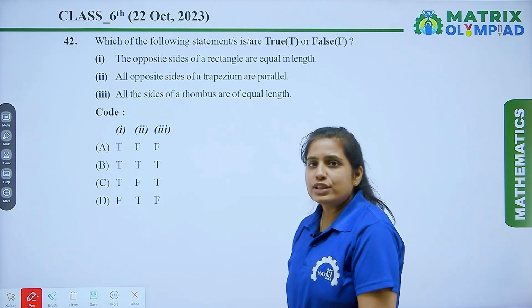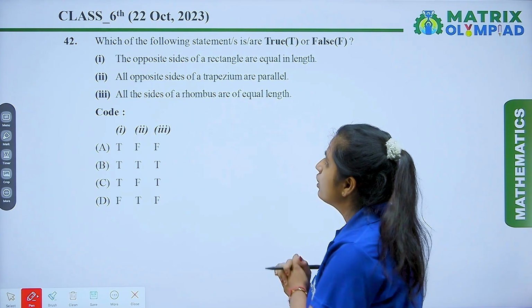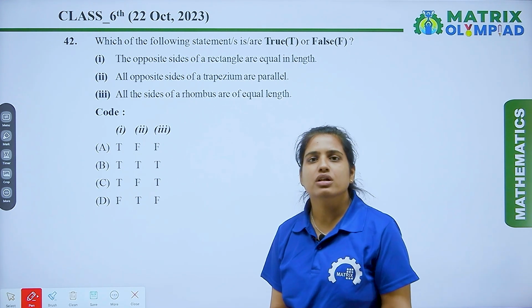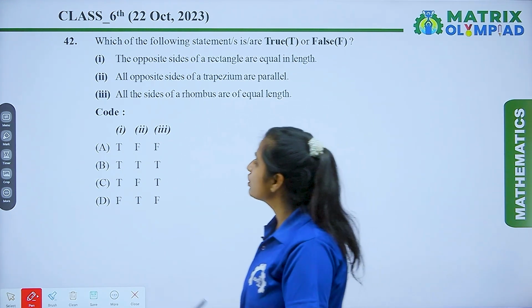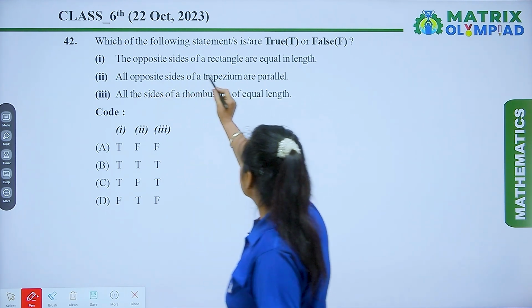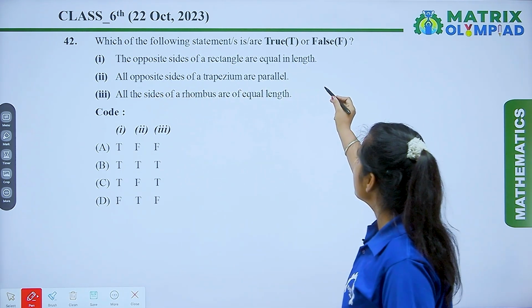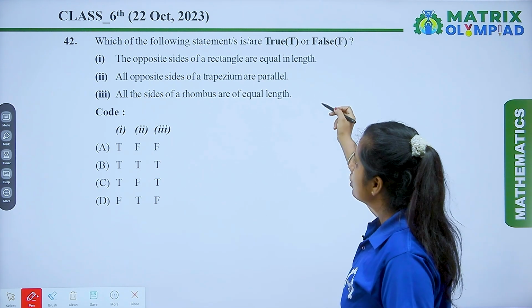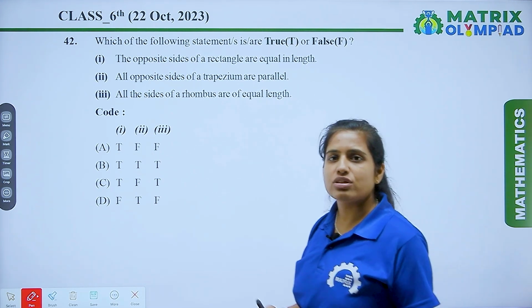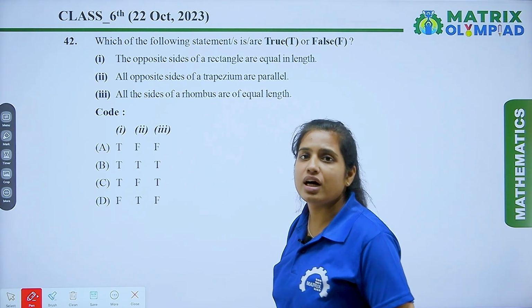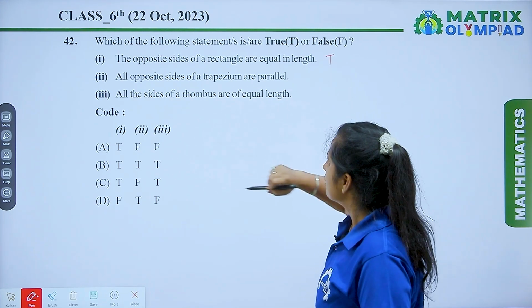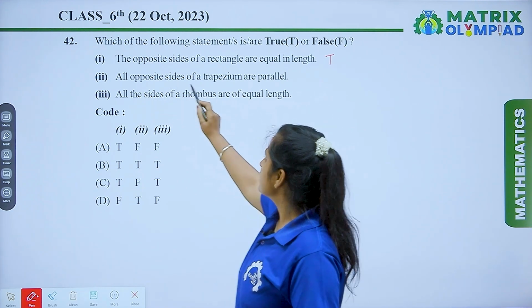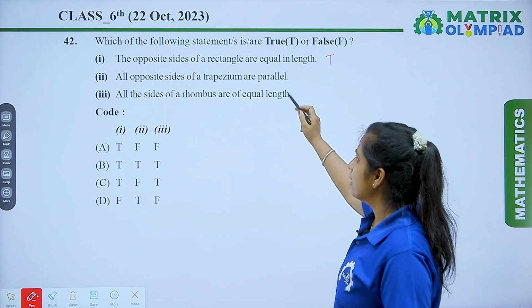Now the next question is question number 42. Again we have to find out which statement is true and which is false. Now let's start with the first statement. The opposite sides of a rectangle are equal in length. Yes, this statement is true. Next is all opposite sides of a trapezium are parallel.